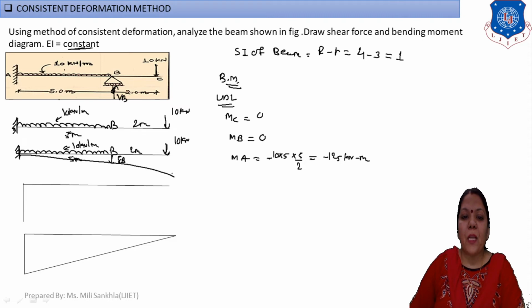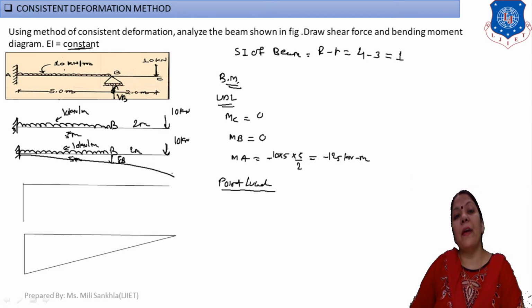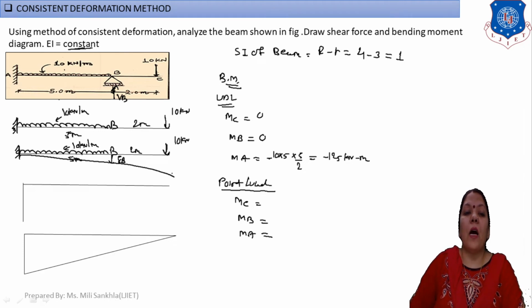Mention here 10 into 5 and 5 by 2, and the answer of this moment is 125 kilonewton meter. Now we find the moment due to the point load, because two loads are given and both the area and CG are different, so here we draw separate diagrams for the UDL load and the point load. Now for the point load, again make the points: first point MC, second point MB, third point MA. Moment at C is 0.